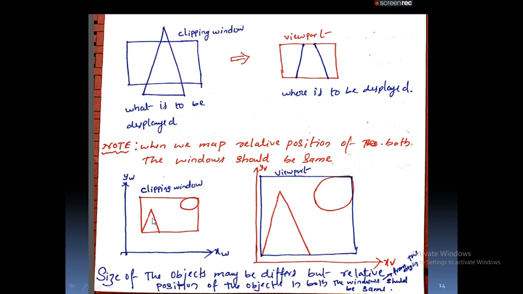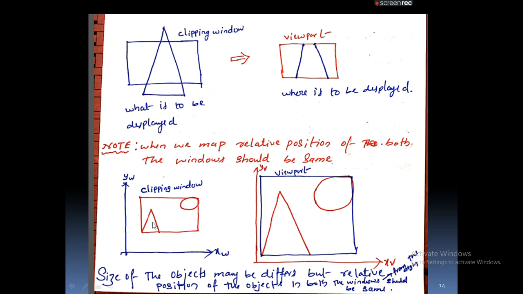What I am telling is, assume that I displayed the circle in the clipping window's bottom left corner. That circle has to be displayed in the viewport at the bottom left corner only. We should not display it somewhere else in the viewport. That is called the relative position of both the windows being the same.